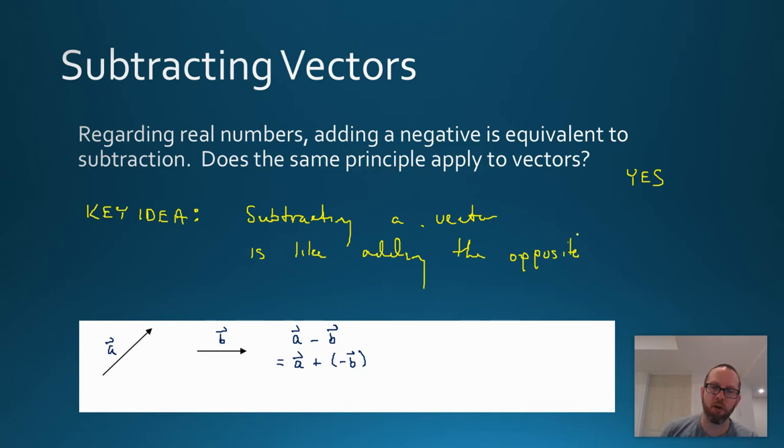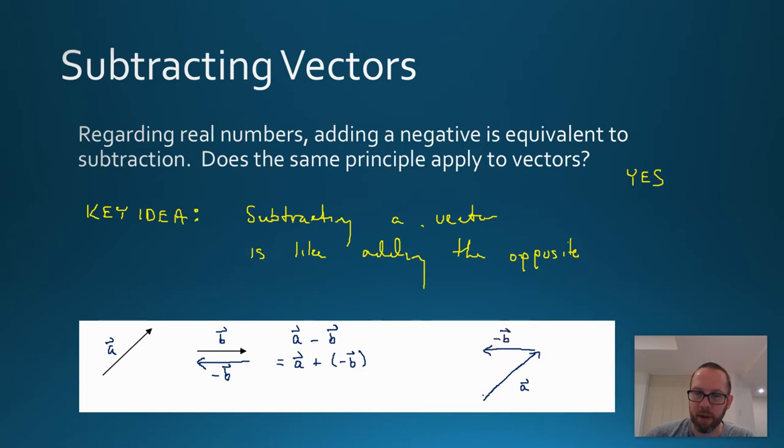So let's draw out what that looks like for this one. So I've drawn vector A, there's vector B. Maybe underneath vector B here, I can draw vector negative B. Now we know how to draw A plus negative B. There's A, there's negative B. We know how to add vectors together. I like to use the tip to tail method. I draw vector A. I'm adding negative B, so from the tip of A, I'm going to draw negative B, pointing something back like that.